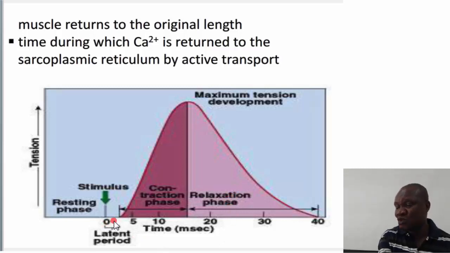So this is our twitch. Three phases: the latent phase, which is the period of calcium mobilization; the contraction phase, which is the period where tension is developed; and the relaxation phase, where tension declines and calcium is moved back into the sarcoplasmic reticulum.